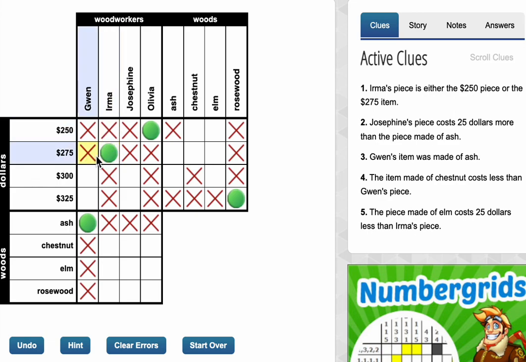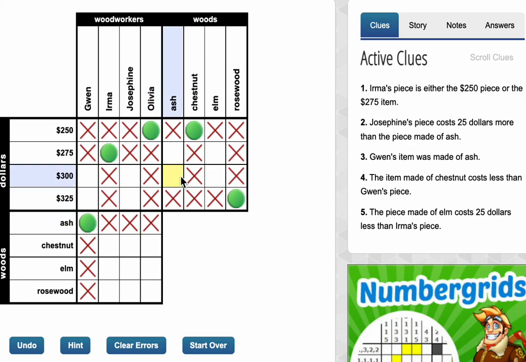If Irma is 275 and elm is $25 less, that makes this one the elm, which makes Olivia's $250 item the chestnut.